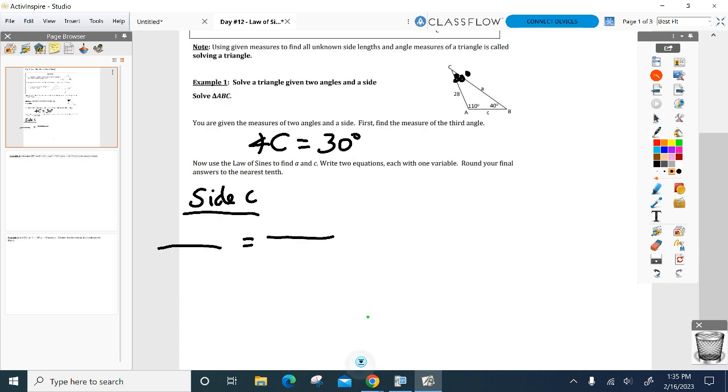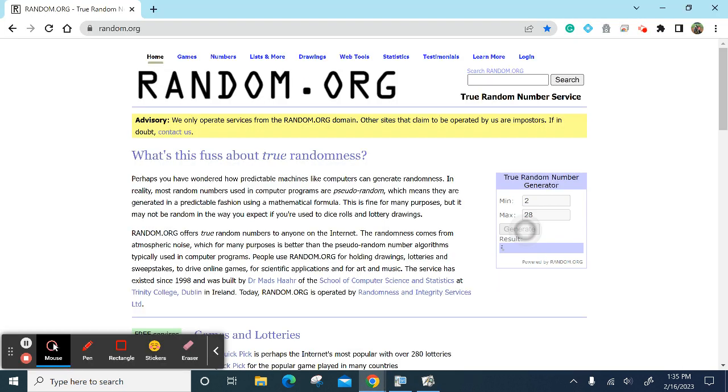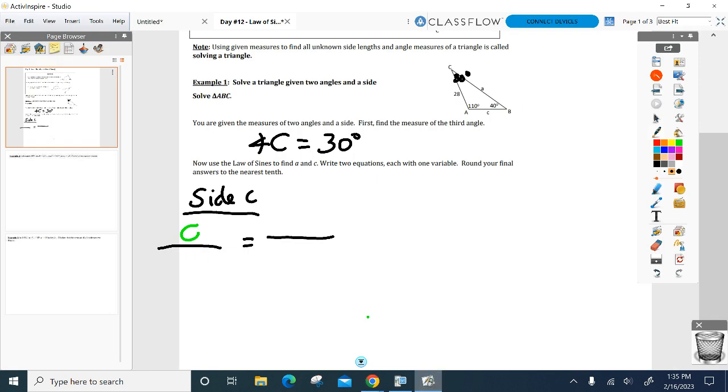You want to find side C. I'll put C up here because it's a side. So side C. Over, now everyone look at the angle opposite, which is, what's the angle opposite C? 30? Yep. So now I'm going to put sine 30. Remember, this is called the law of sines. Sine 30.